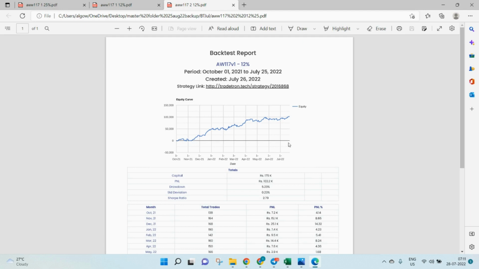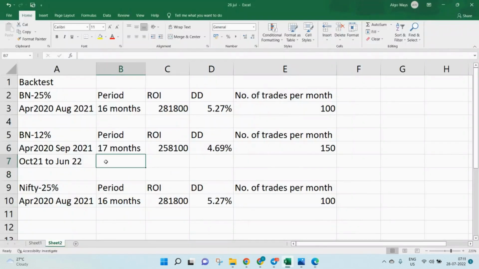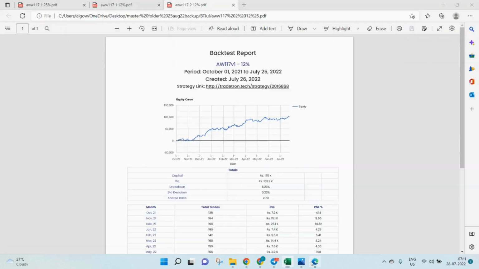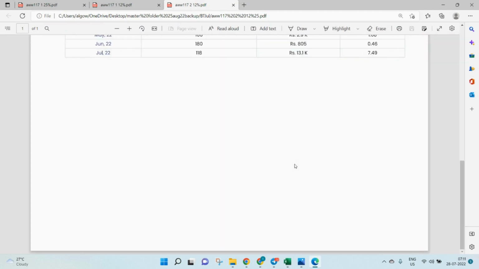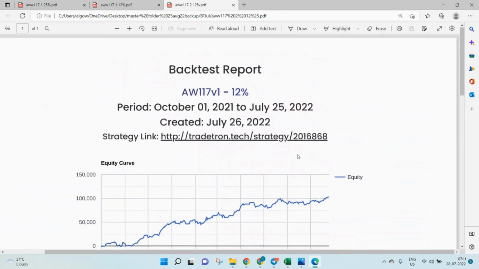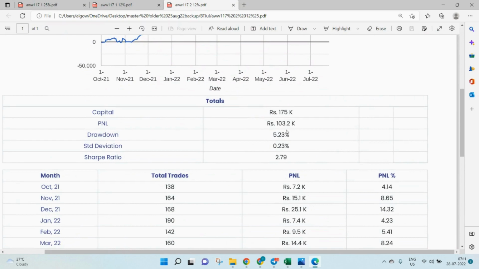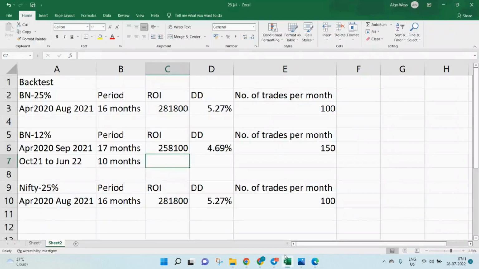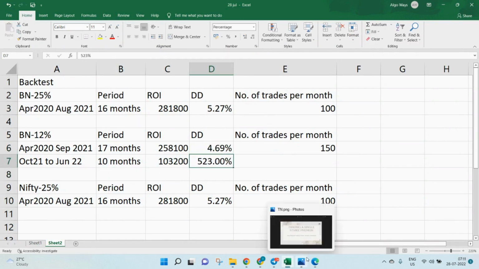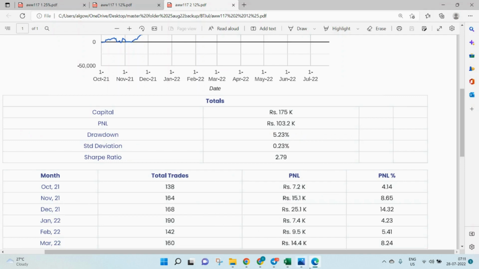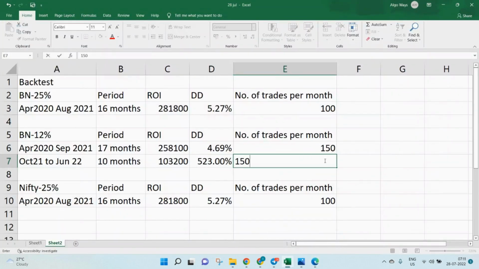So we have 10 months of data here. PNL is 103,200, and 5.23% is the drawdown. The number of trades will again be around 150 on average per month.